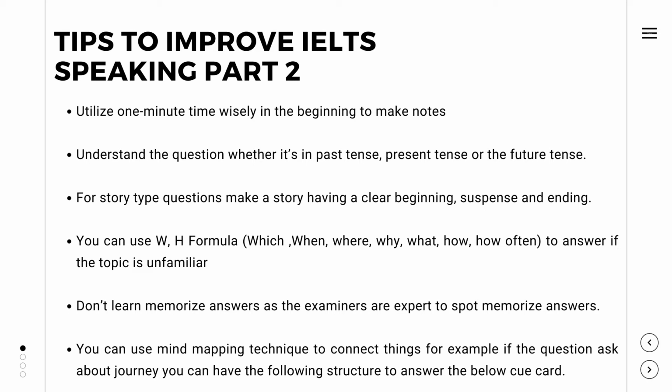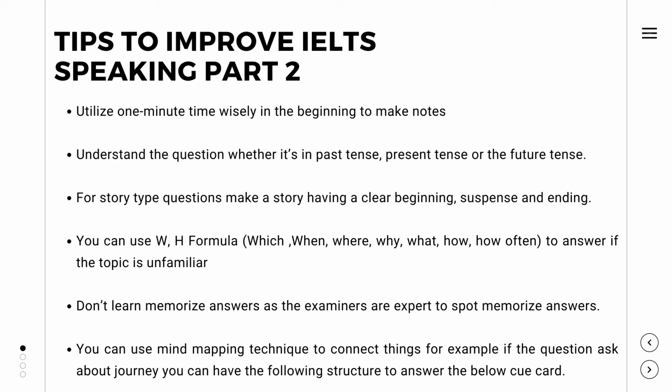It might be a false story, but it has some kind of logic in it. It might have a certain beginning, and in the story there might be suspense also, because without suspense the story will not complete itself, and there should be a proper ending. This is a very effective way to answer that type of question.